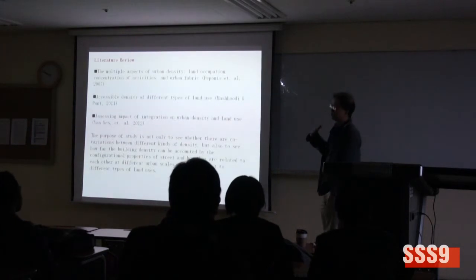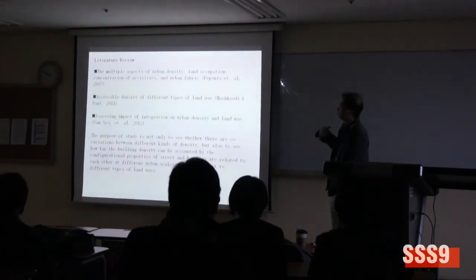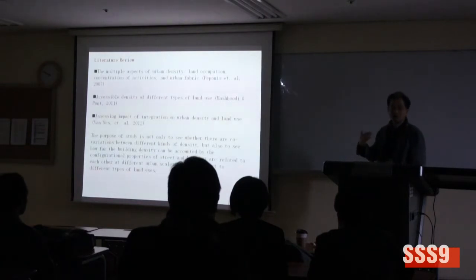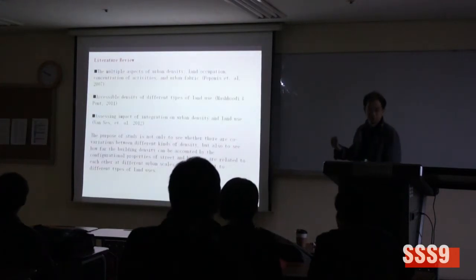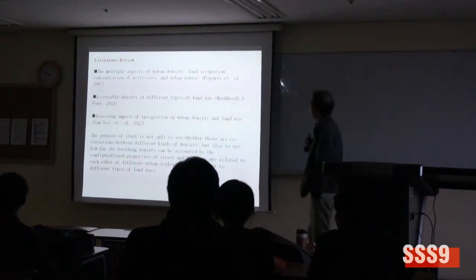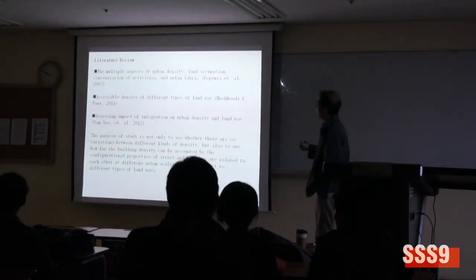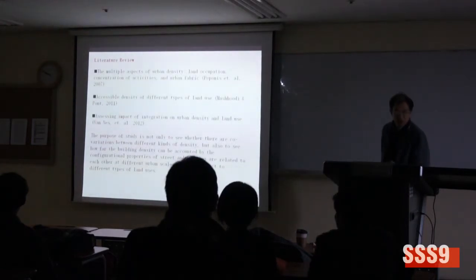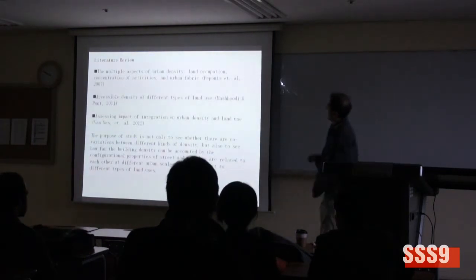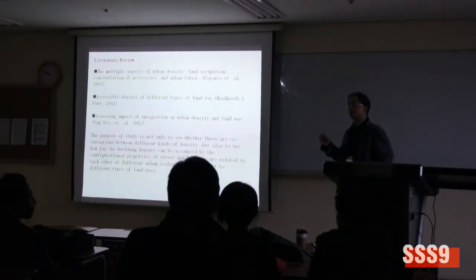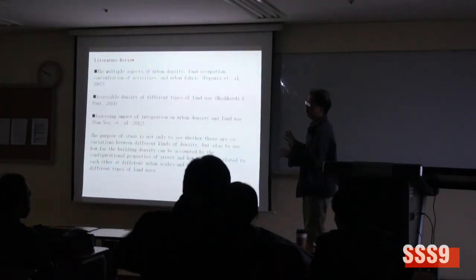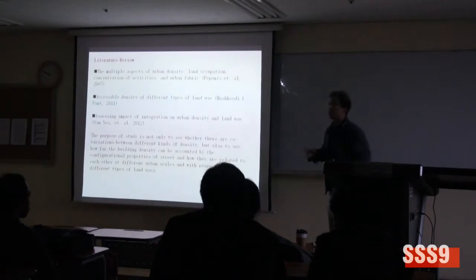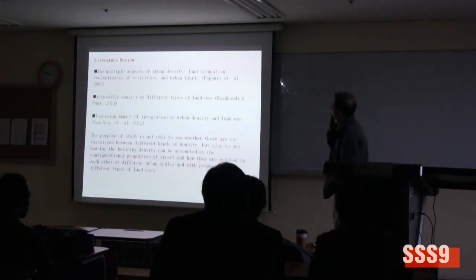Much of this case study is built upon previous research, like the one proposed by Professor Hypothesis, in which he mentioned the multiple aspects of urban density. It means urban density is not only about one aspect, but there are interrelations between three kinds of urban density: land occupation, concentration of activities, and the density of urban fabric.